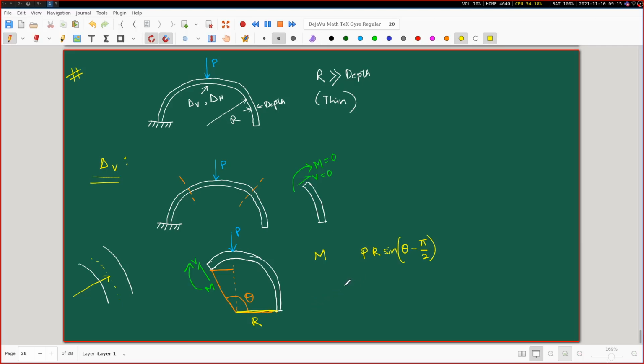So minus. This is clockwise, and this contribution of P about an axis passing through this one will be minus. So this is the thing. But you have to understand that this is true only for theta between pi by 2 and pi. You must be very clear about this.